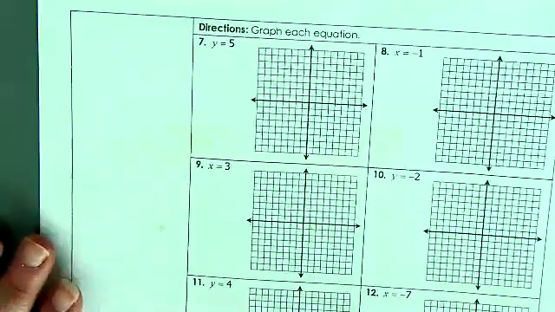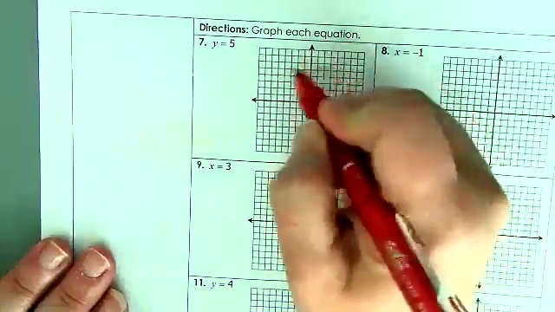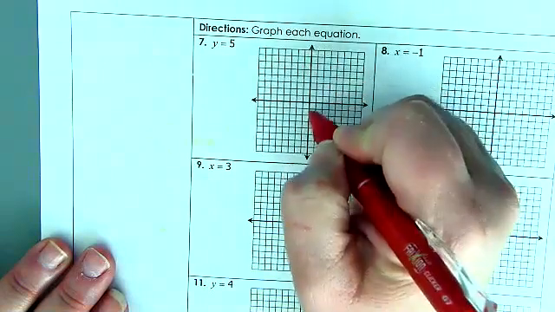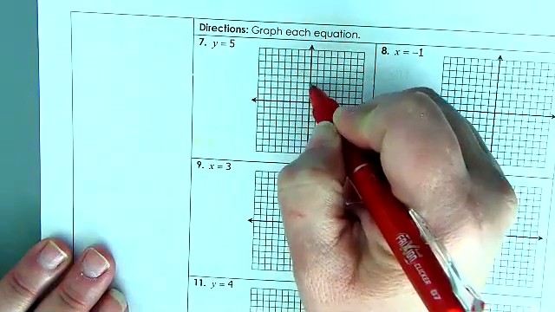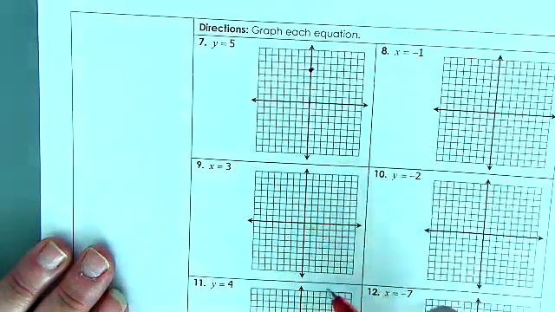So let's flip the page over. And now we're given the equation and we need to graph. With these, it's y equals, since it's crossing the y-axis, I'm going to plot a point at 5 first. 1, 2, 3, 4, 5. So I know that's going to be the first thing.